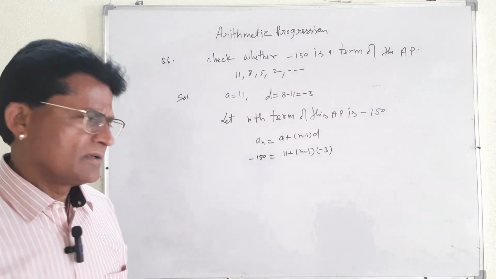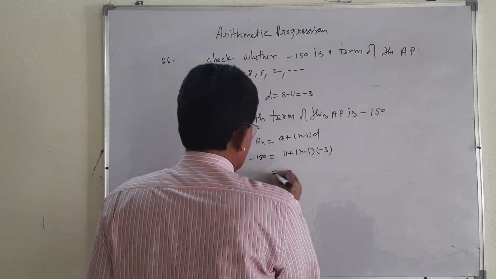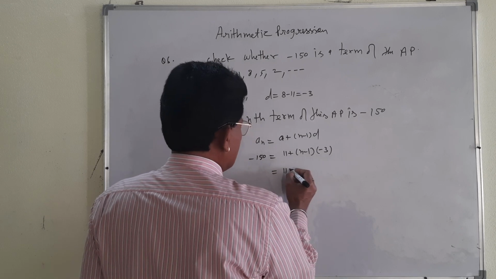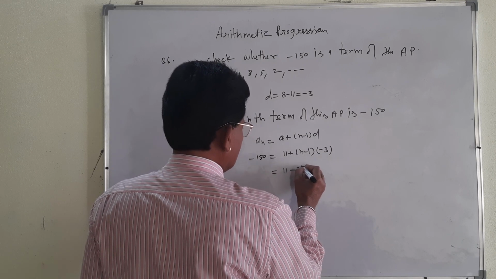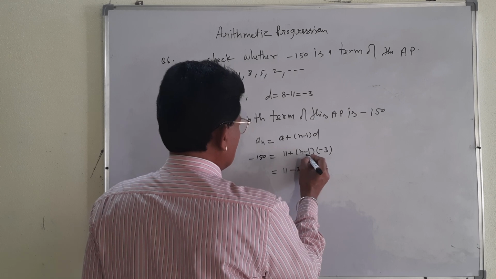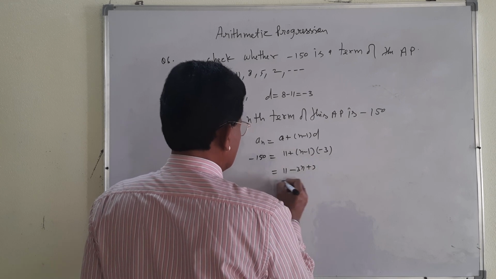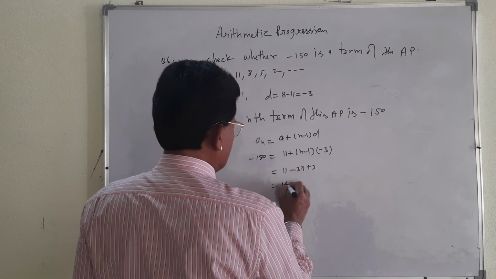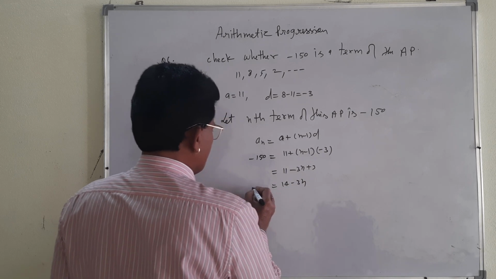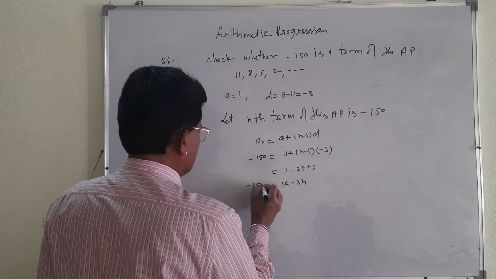Very simple question. 11 multiplied by negative 3, minus 3, and negative times negative is positive 3. It will be 11 plus 3, that will be 14, minus 3n, and it is minus 150.